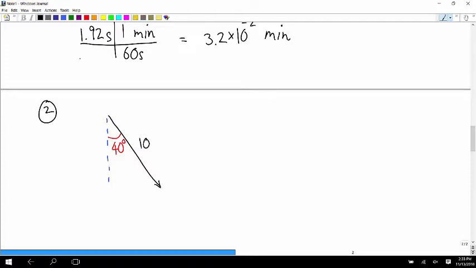And you're asked to calculate the components of this vector in two coordinate systems. The first one has the x-axis pointing to the left and the y-axis down. And the second one has the x-axis pointing down and the y-axis to the right.